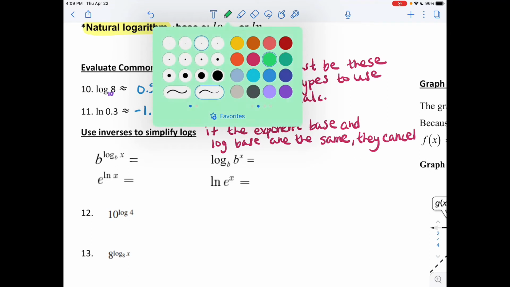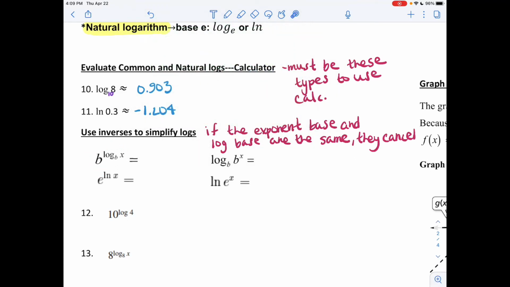Here on problem number 1, I have b, some base, raised to the power of log base b of x. So again, if the exponent base, b, and the log base, log b, have the same base b, those cancel, and I simply get an answer of x, the only thing that's left.